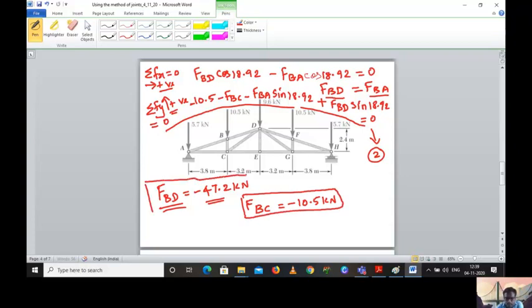So now you got the other two member forces, FBD and FBC. The only left out members are CD and CE, so we are going to calculate the joint C next. Just to go through and check your answers, I am getting FBC as minus 10.5 kilonewton, and FBD as minus 47.2 kilonewton.